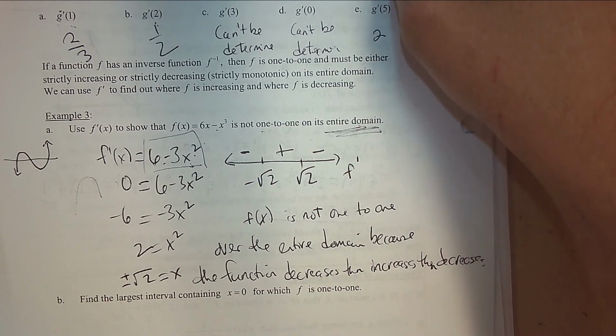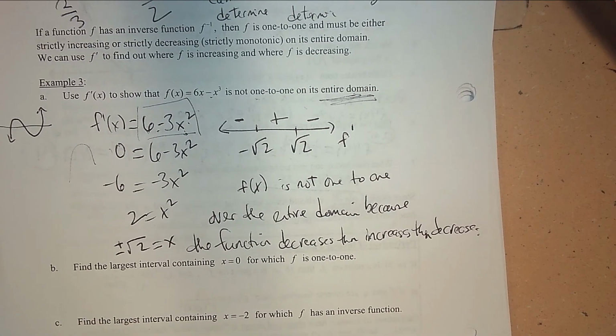And you're right, monotonic means mono, right? One. So you would have only one sign.